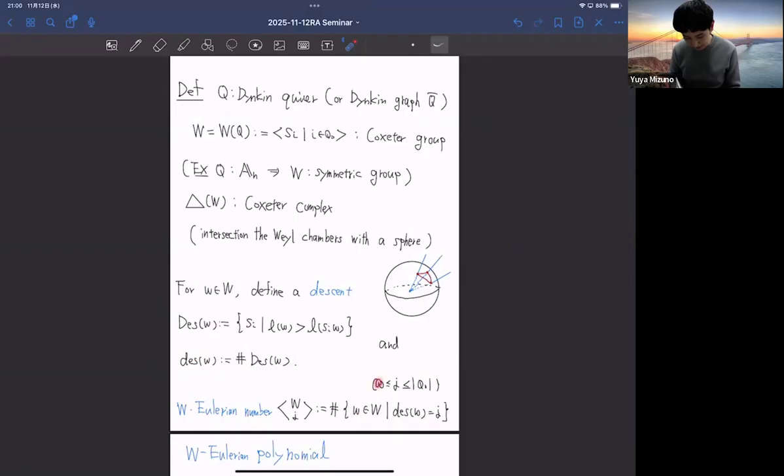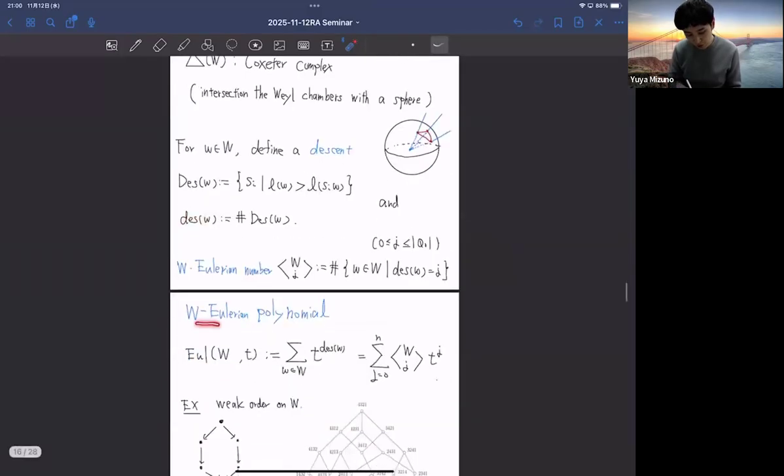It takes values from 0 to this number. And the W Eulerian polynomial is a polynomial whose coefficients are given by these Eulerian numbers.